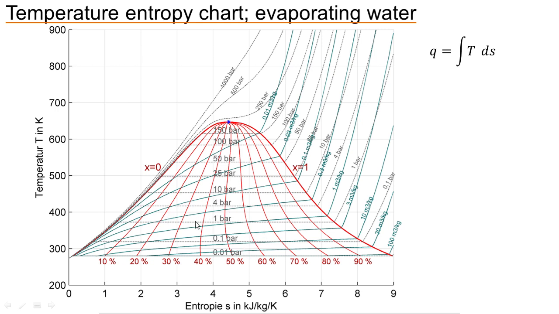This means we have 1 bar. So we will go up this line here. We have environment temperature here, and we will heat it up to 100 degrees Celsius. This is here, and the amount of energy you need to heat up your water is the area shown under this line here. Everything here is specific, you see, per kilogram.